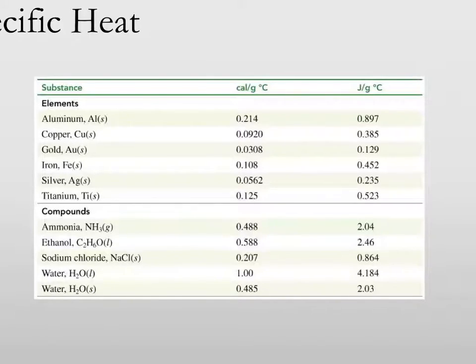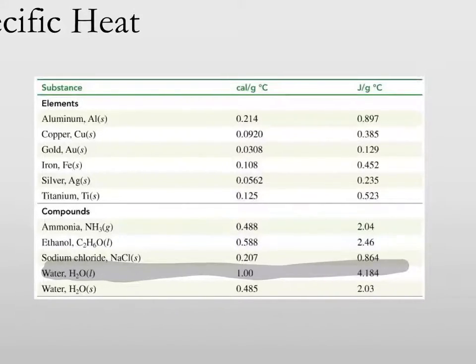And now the key thing to look for here is water in the liquid phase. It takes 1 calorie per gram to raise it by 1 degree Celsius exactly. That is actually the definition of specific heat. It really comes from water being 1 calorie, but it takes 4.184 joules to do that.